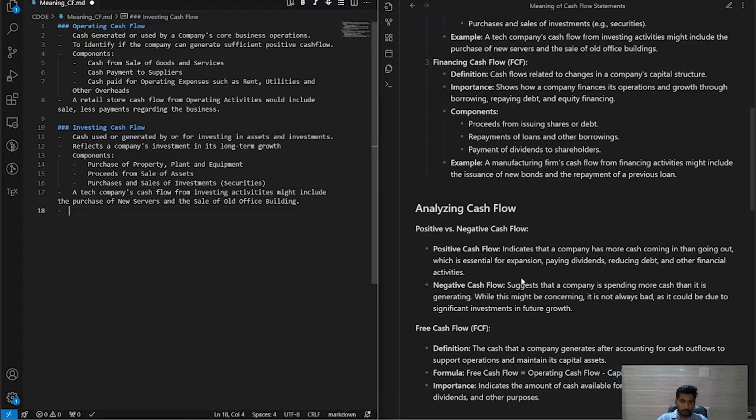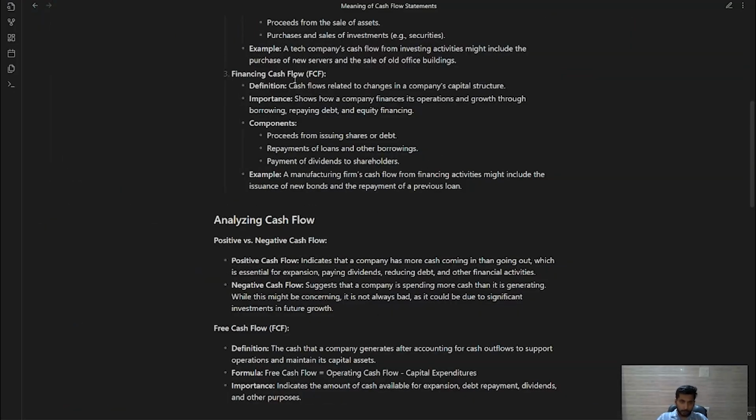Then the third type is the financing cash flow. Let us read it. The financing cash flows relate to changes in the company's capital structure. It shows how the company finances its operations and growth through borrowing, repaying debt, and equity finance.